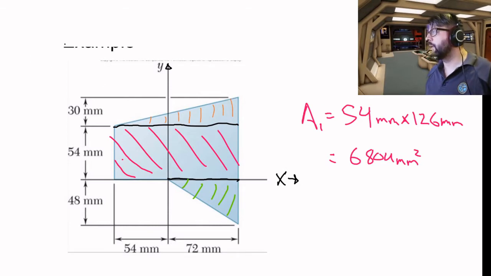Next up, let's go for our top one there. So A2, 3, oh wait, no, sorry, that was 1, and our green's going to be 3.